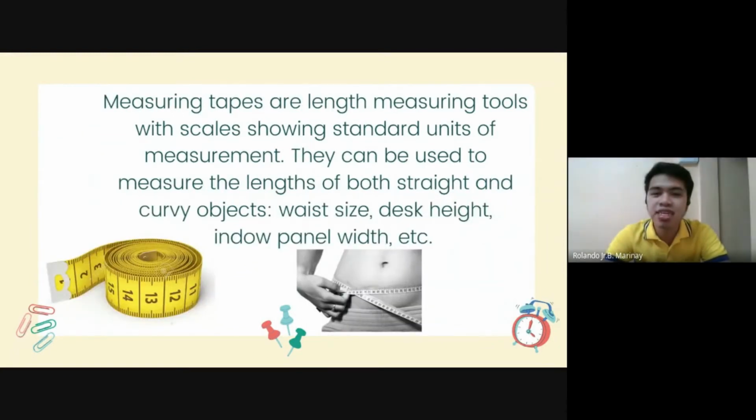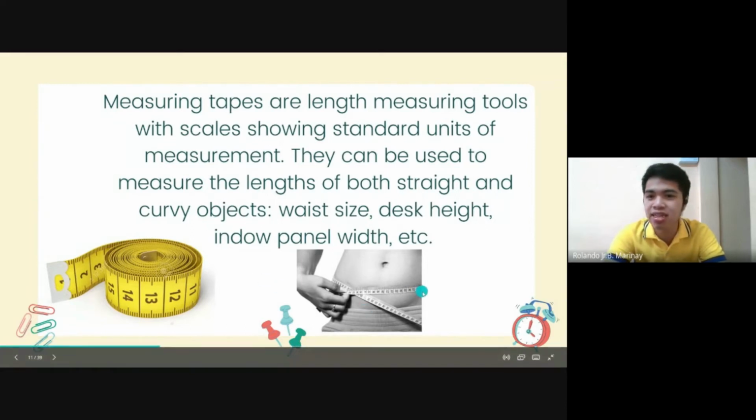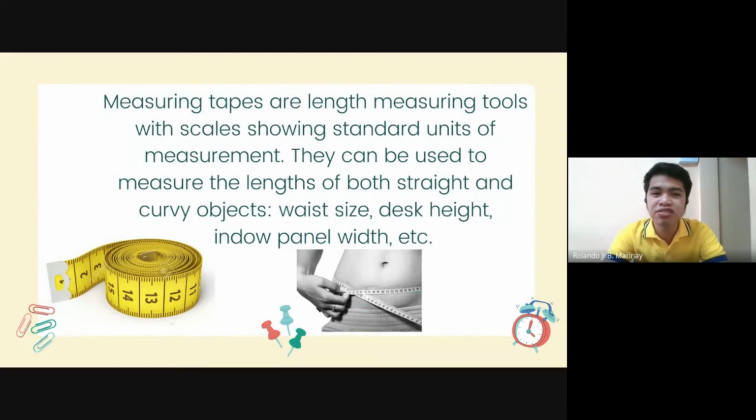The next one is the measuring tape. Measuring tapes are length measuring tools with scales showing standard units of measurement. It's the same as the ruler and the meter rule. They also show the scales, the numbers here, and the little and the small lines. They can be used to measure the lengths of both straight and curvy objects.